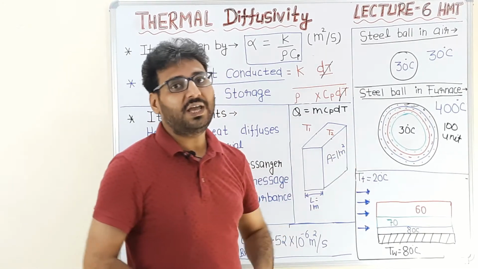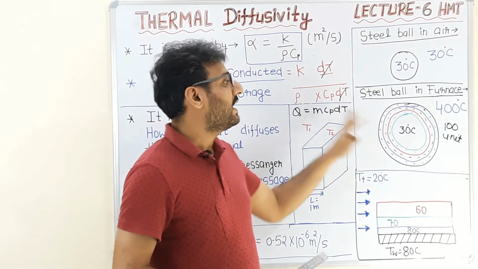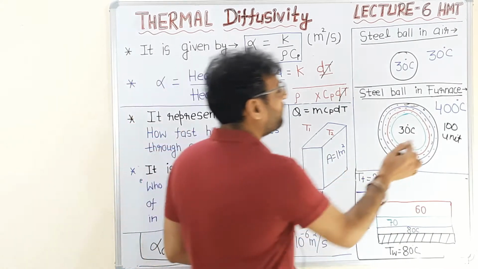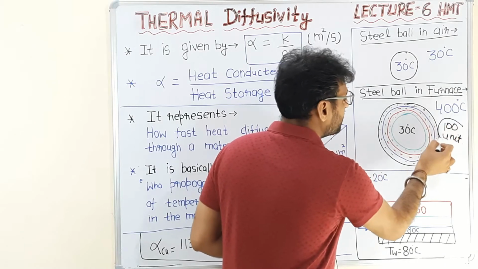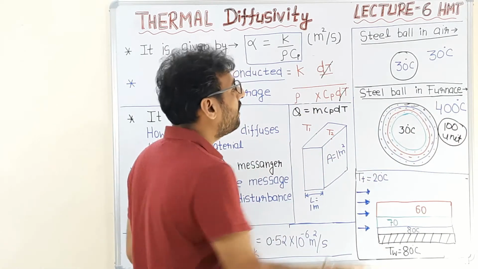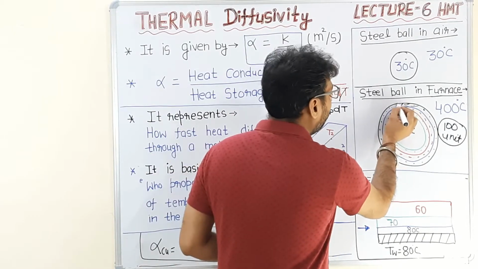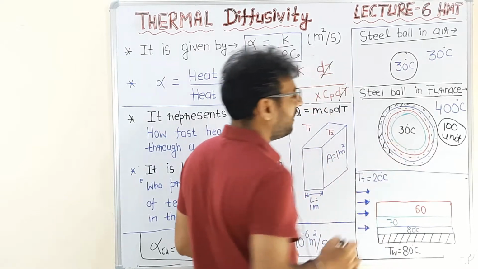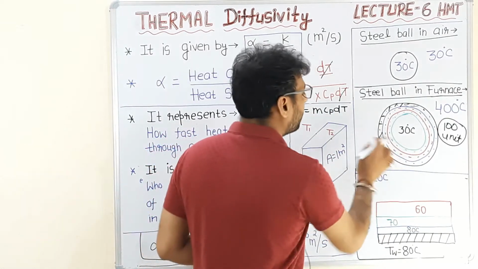Thermal diffusivity of this steel ball is very high. What it means? It means the major portion of this heat received by it, which is 100 units, will be conducted by this layer to the next layer, which I have shown with red color.